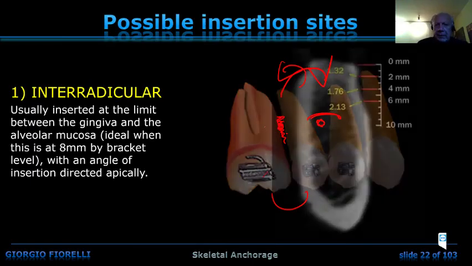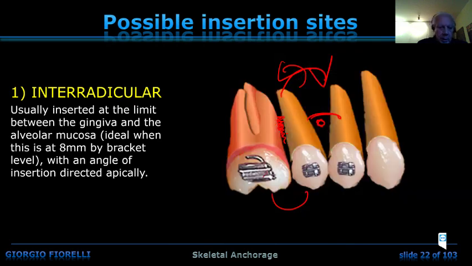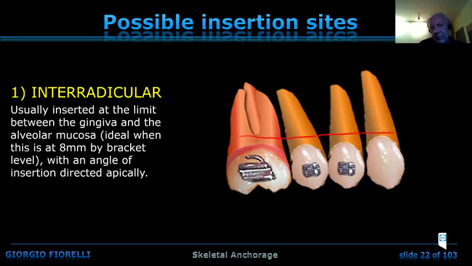So where should we place this TAD? Here you see that there is some information, and probably we are going back to see these things later. But the important thing is that, for example, the height of placement of the TAD depends on the limit between the attached gingiva and the mucosa.